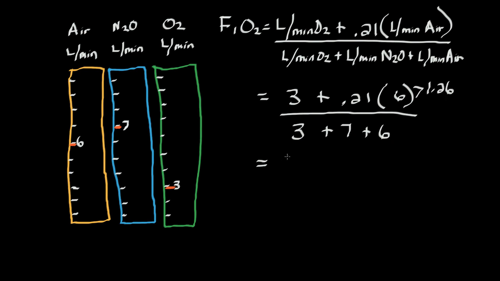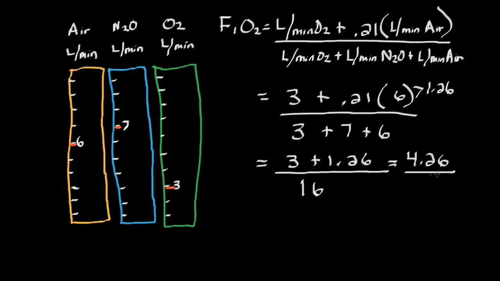So our numerator will be 3 plus 1.26 divided by 3 plus 7 plus 6. That's 16. Let's add it all up. 4.26 divided by 16. And if you have a calculator handy, 4.26 divided by 16 is 0.266. The FiO2 is 0.266 or 27%.